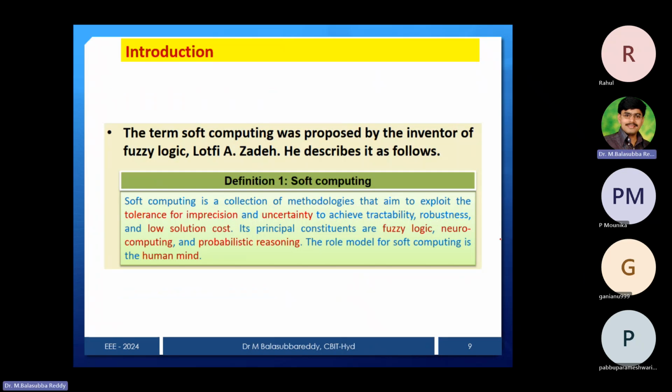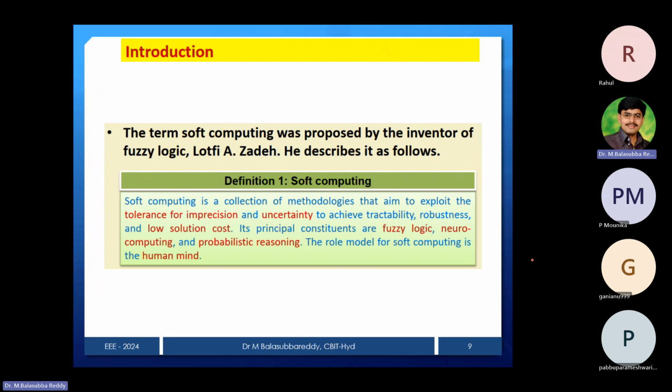This term soft computing was proposed by the inventor of fuzzy logic, whose name is Zadeh. He describes the soft computing definition: it is a collection of methodologies that aim to exploit the tolerance for imprecision and uncertainty to achieve tractability, robustness, and low solution cost.